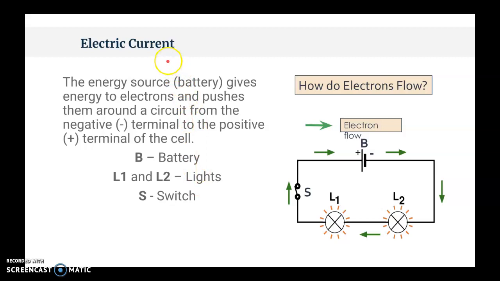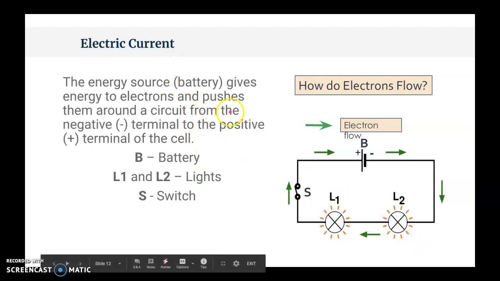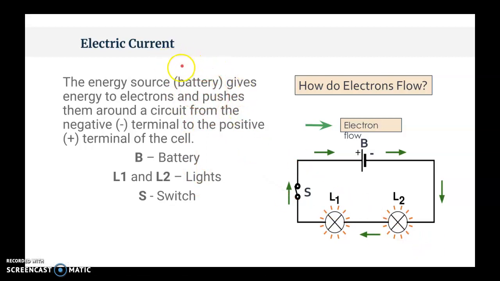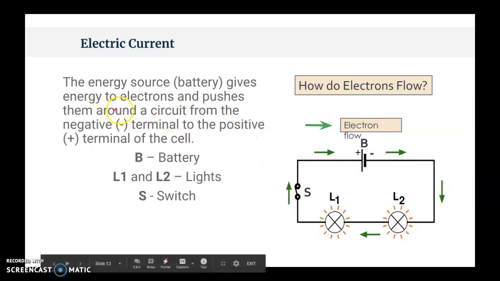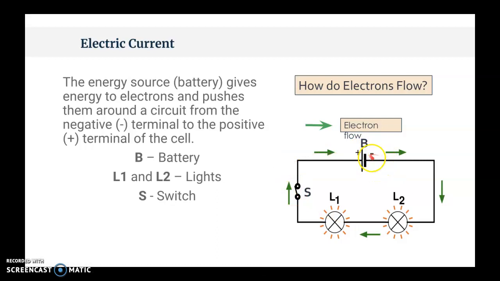Now you have an electric current, and we're going to make this. So it's the energy source, aka a battery. So here's our battery that gives energy to electrons. So you have electrons all around here and it pushes them around this circuit to form the negative and positive terminals of a cell. So here's the negative of a battery, and here's the positive of a battery.